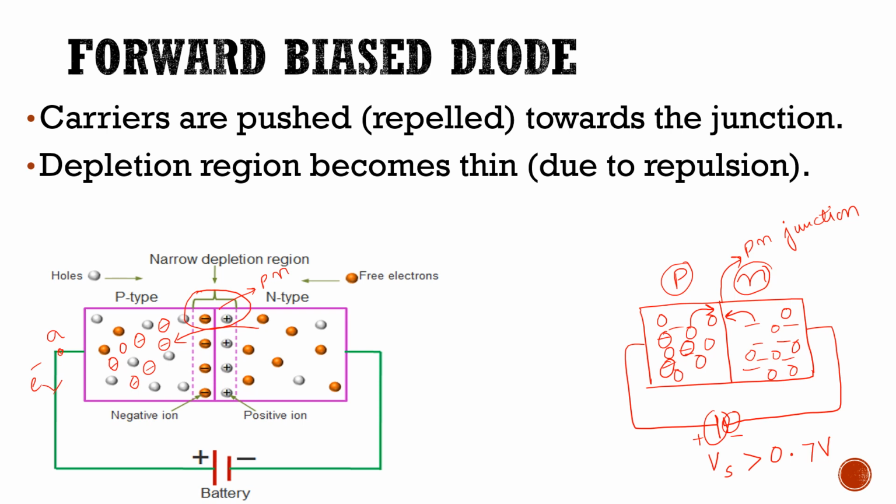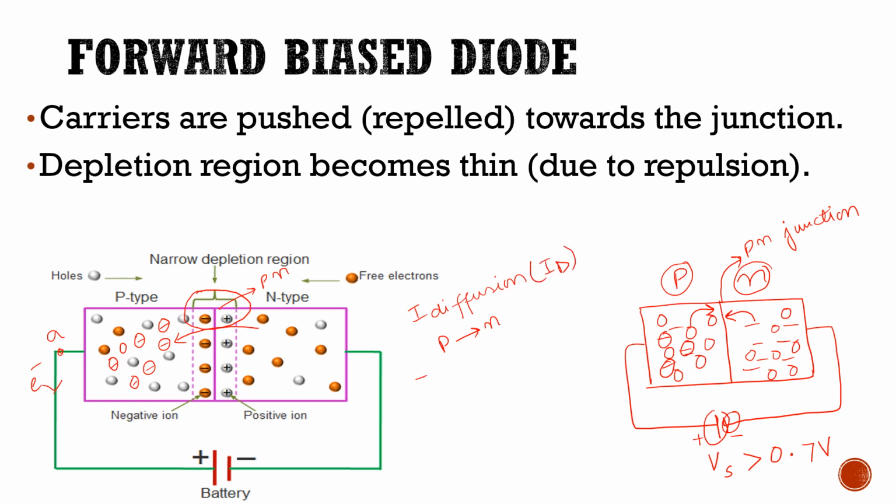Now, due to this heavy flow of current, reverse current or drift current becomes negligible. We know that I diffusion is the diffusion current and the direction of this current is from P to N. It is represented by ID.